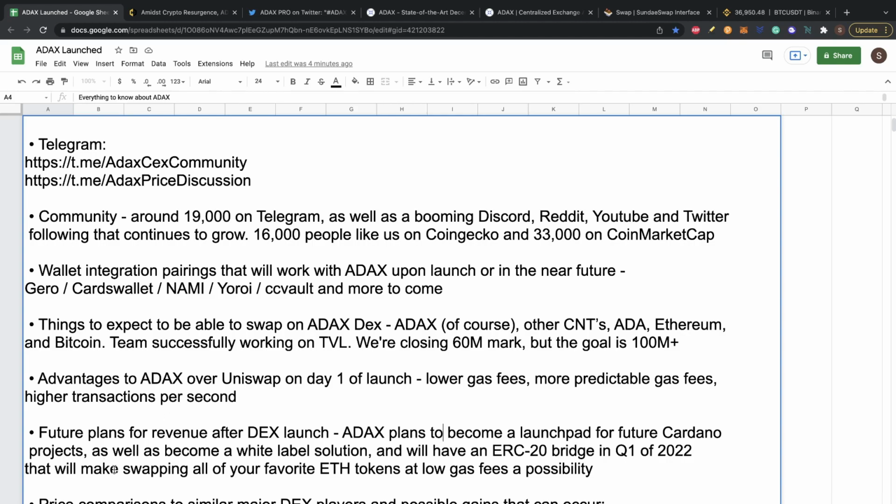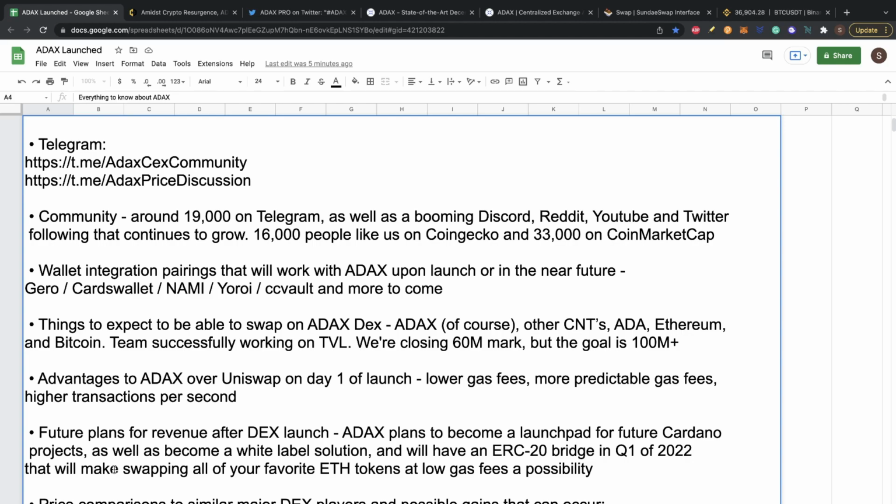Future plans for revenue after the DEX launch: ADAX plans to become a launchpad for future Cardano projects, as well as a white label solution, and will have an ERC20 bridge in Q1 of 2022 that will make swapping all of your favorite Ethereum tokens possible at as low gas fees as possible.